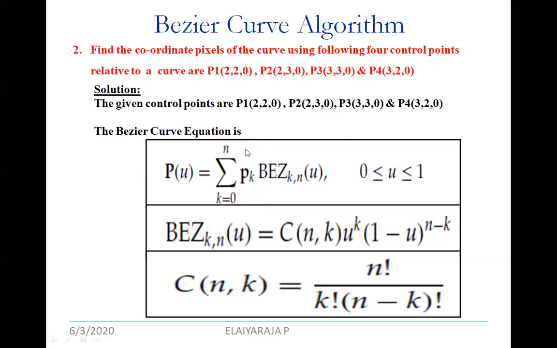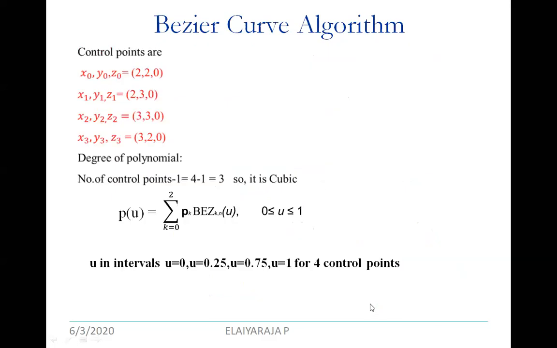So write the Bezier curve equation and Bezier function, and how we are going to calculate the control points. The control points are x0 comma y0 comma z0 equal to 2 comma 2 comma 0. Similarly for x1 y1, x2 y2 and x3 y3.